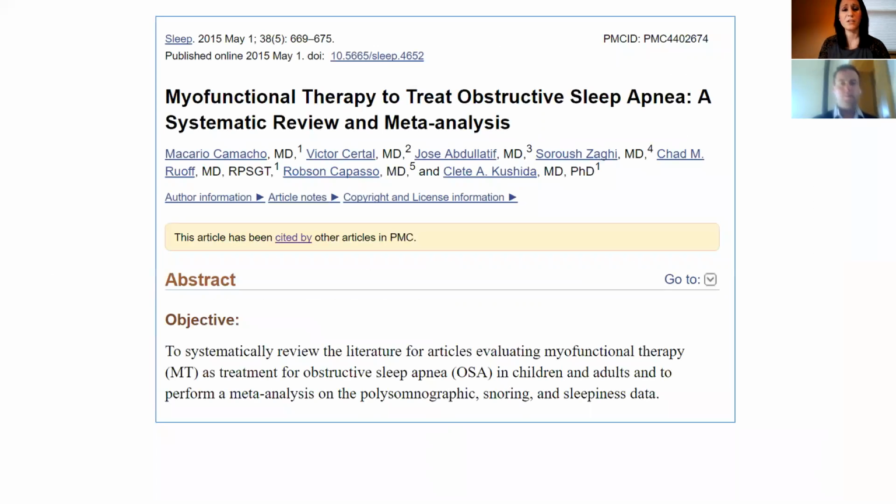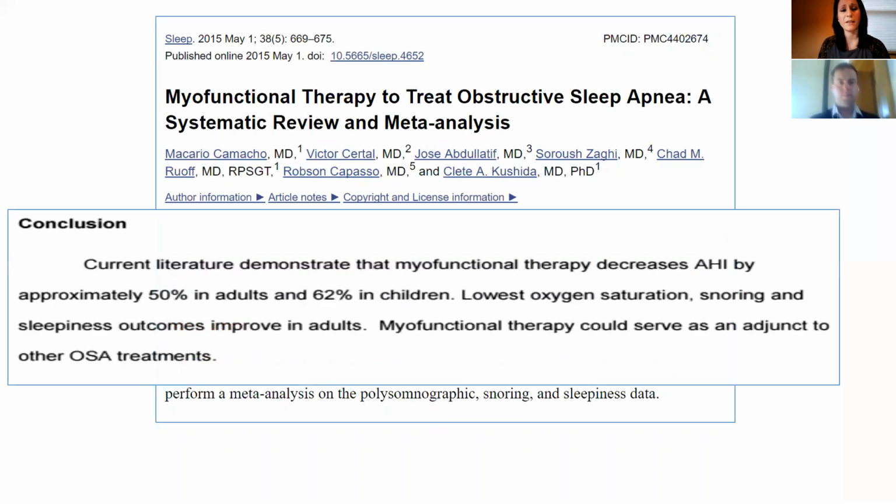So now let's take a look at another study. This was a meta-analysis on myofunctional therapy to treat obstructive sleep apnea, a systematic review and meta-analysis. This study concluded that current literature demonstrates that myofunctional therapy decreases the AHI by approximately 50% in adults and 62% in children, with the lowest oxygen saturation, snoring, and sleepiness outcomes improving in adults.